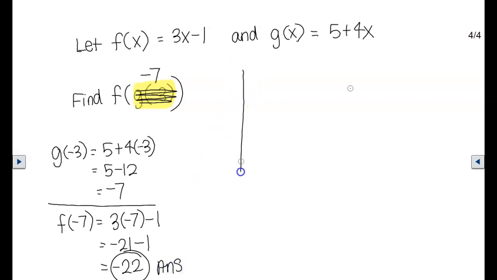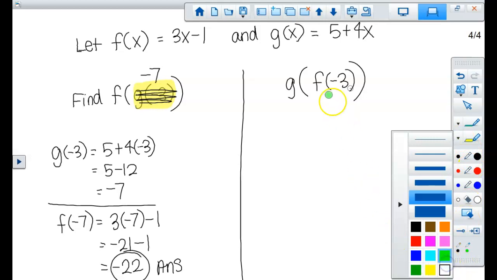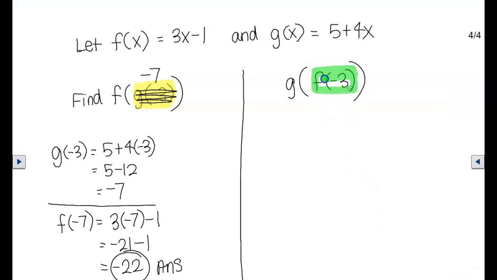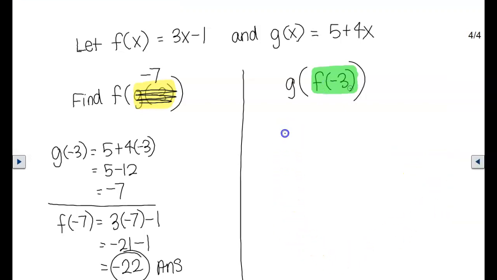Now, what I want to do here with you is change the order and see if that changes the answer. So instead of f of g of negative 3, let's do g of f of negative 3. So if I wanted to do this problem, I would start with that innermost function, which means that I would do f of negative 3 first.